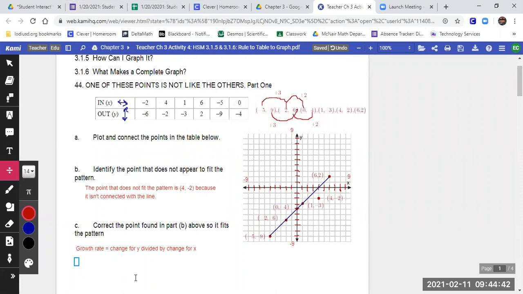A +3 over the change in x, 3. So what's this growth rate going to equal? What are we going to get if we do 3 divided by 3?